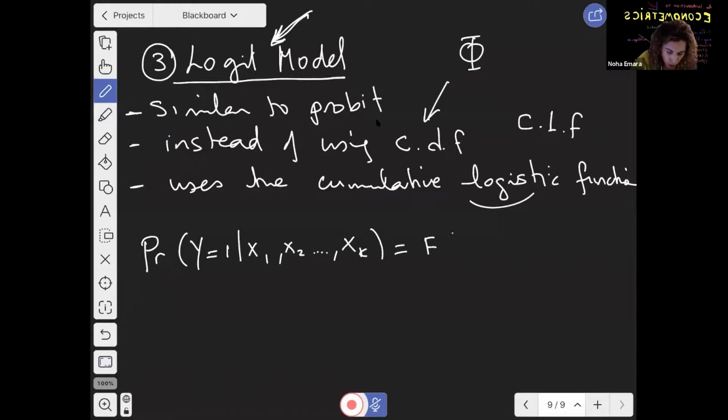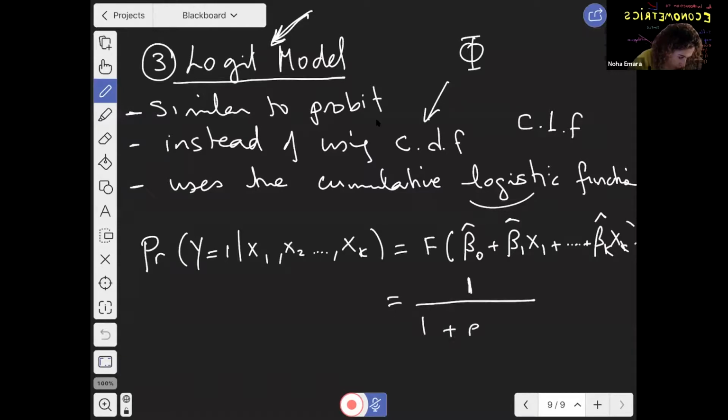It has nothing to do with the F distribution or anything like that. So F of beta naught plus beta 1 x1 plus beta k xk, and if these are estimators with hats, it's equal to 1 over 1 plus the exponential function of negative beta naught plus beta 1 x1 plus beta k xk.